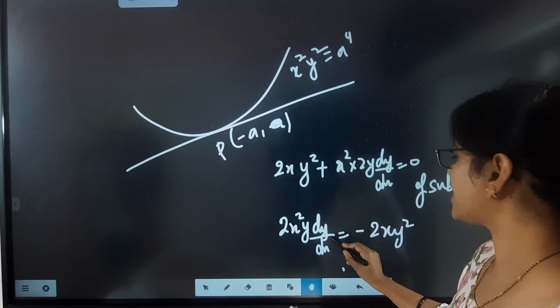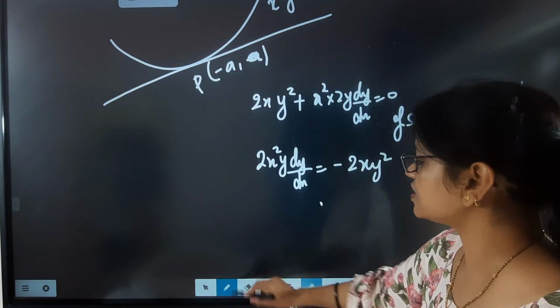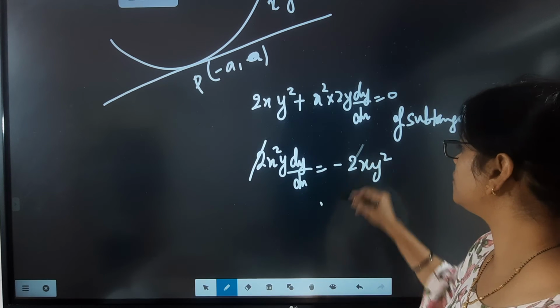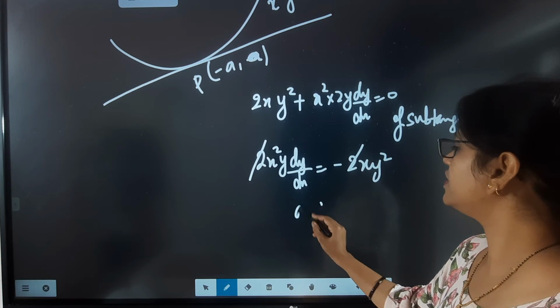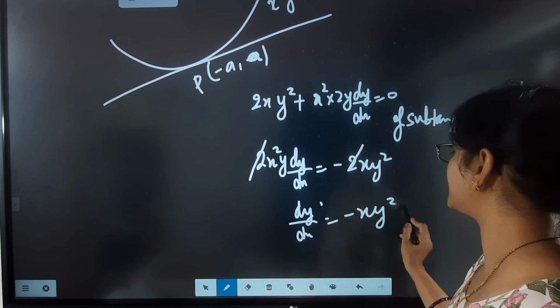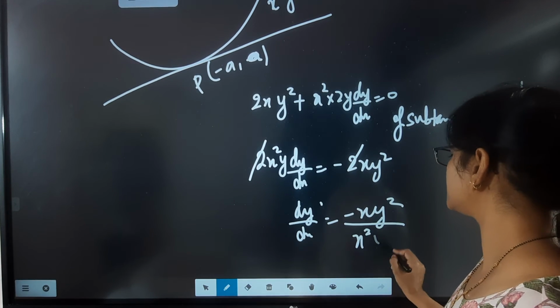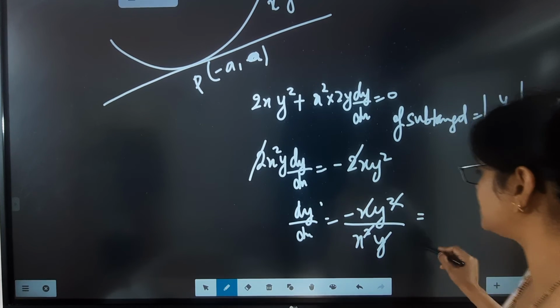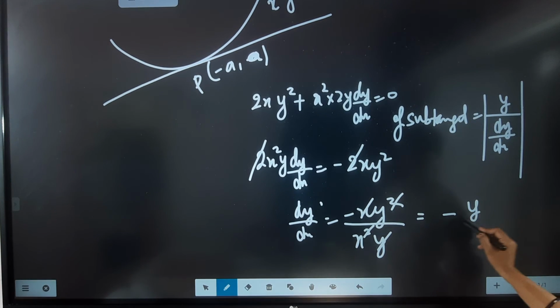First, 2 and 2 get cancelled. Now dy by dx equals minus xy square by x square y. Here x and y get cancelled, so it is coming as minus y by x.